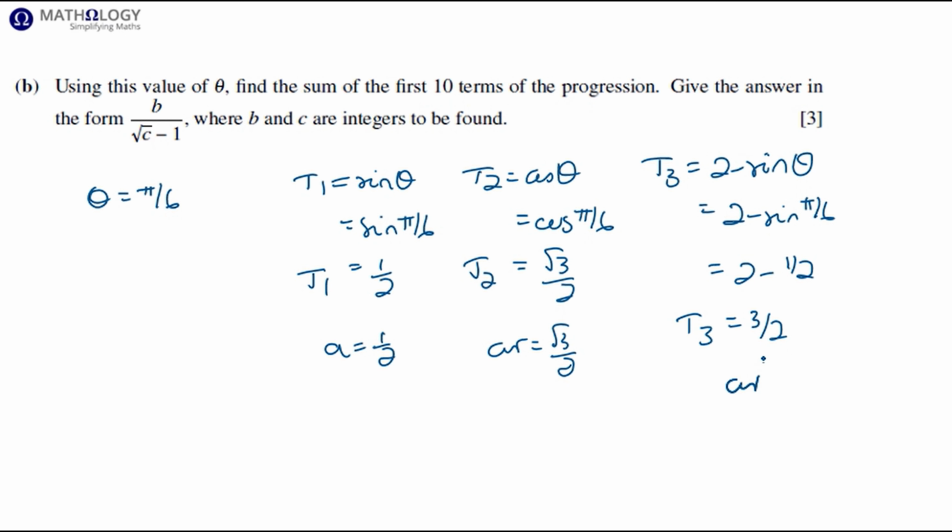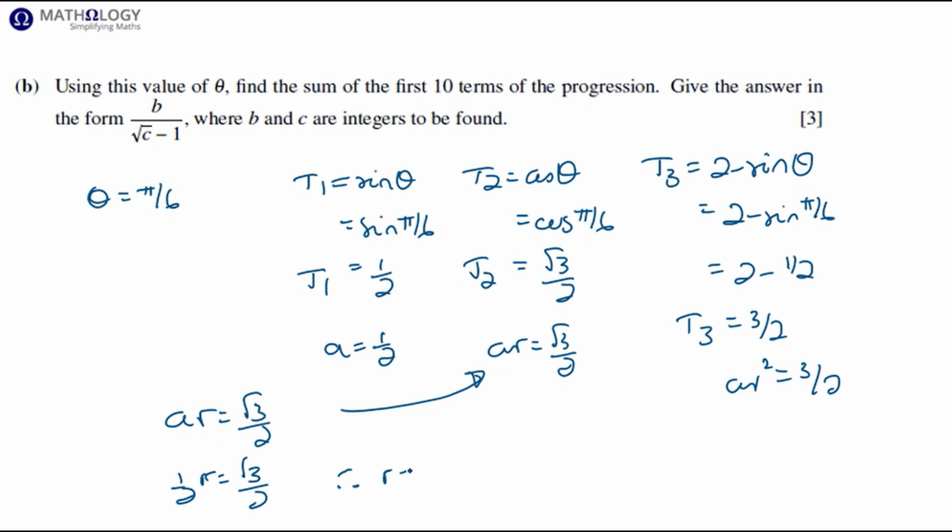So AR squared equals 3 over 2. So AR equals root 3 over 2. A is a half, so you'll have a half R equals root 3 over 2. And therefore R equals root 3.